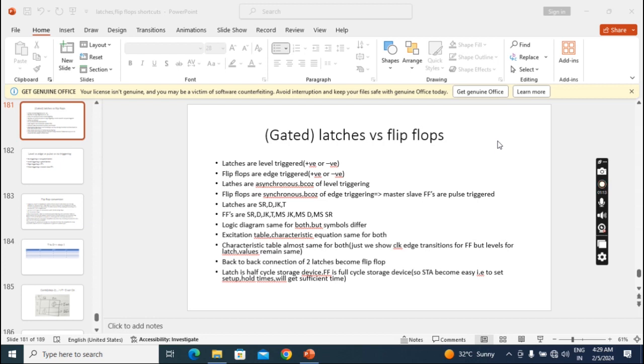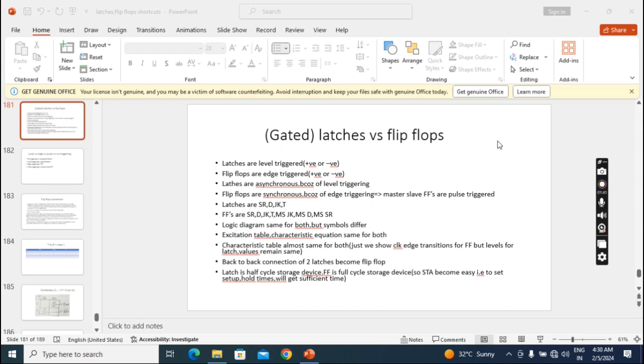But there is no triangle symbol for latches. Okay. Excitation table and characteristic equation same for both. And if we take characteristic table, almost same. Just in the clock part, we will represent with clock transitions for flip-flop, but we will represent with the levels for latches. Okay, remaining everything same.